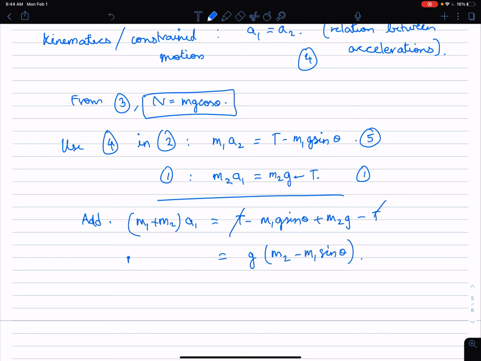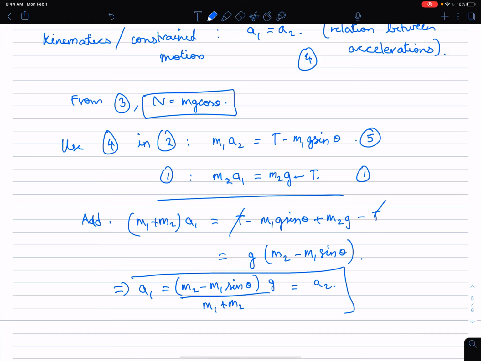So what that gives us, A1 equals m2 minus m1 sine theta, g divided by m1 plus m2. That's also equal to A2, and that's the answer. And you can plug in the numbers that we've given, okay? Any questions about this?